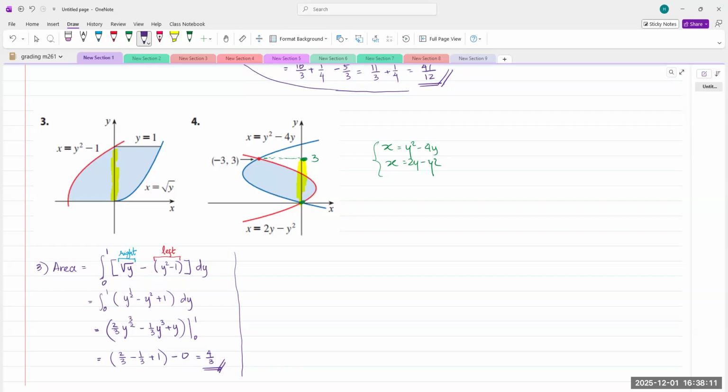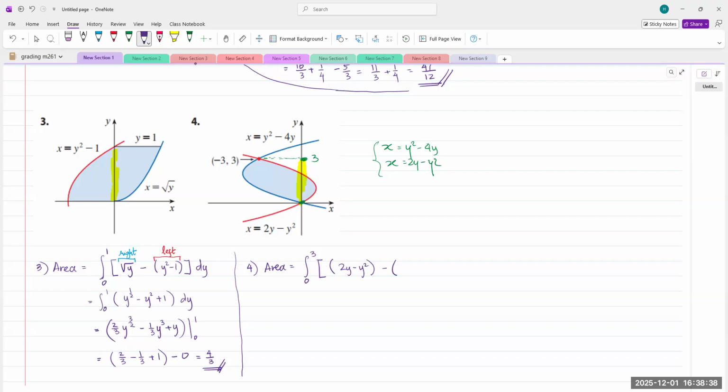Okay, but here for number 4, the area will be the integral in y from 0 to 3. The curve on the right is the red curve in this case, that's 2y minus y squared, minus the curve on the left.